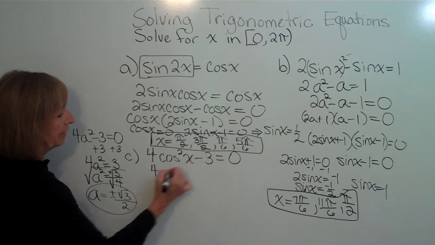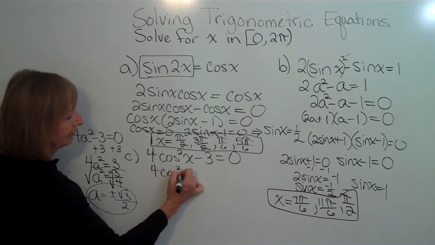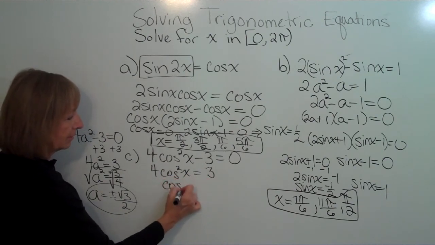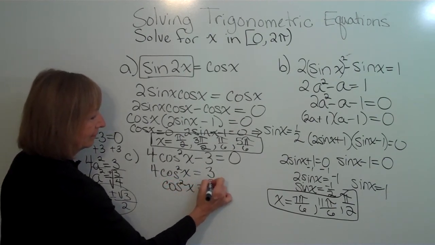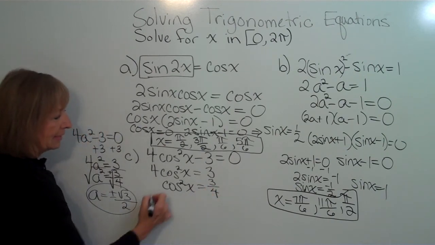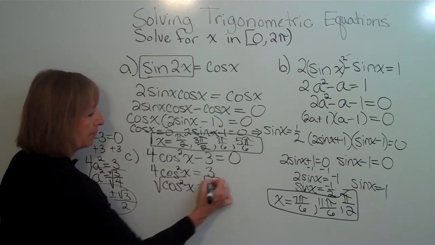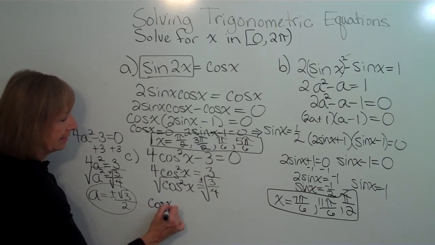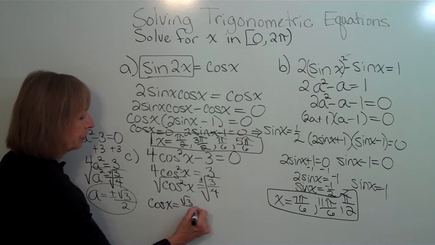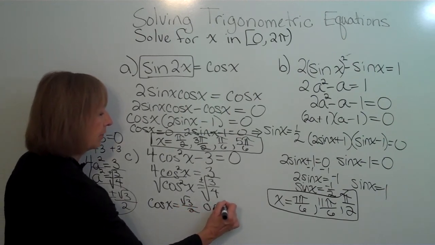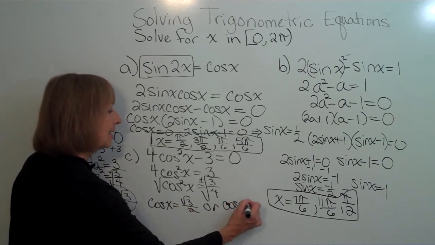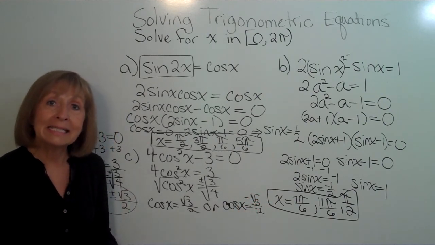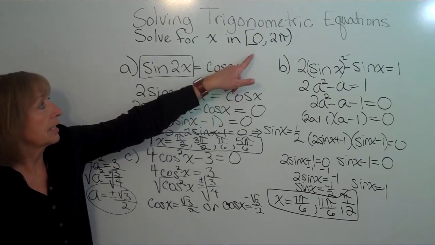We will add the 3 to both sides, divide by 4, and take the square root of both sides, remembering the plus or minus. So cosine x is either the square root of 3 over 2, or cosine x is negative the square root of 3 over 2.